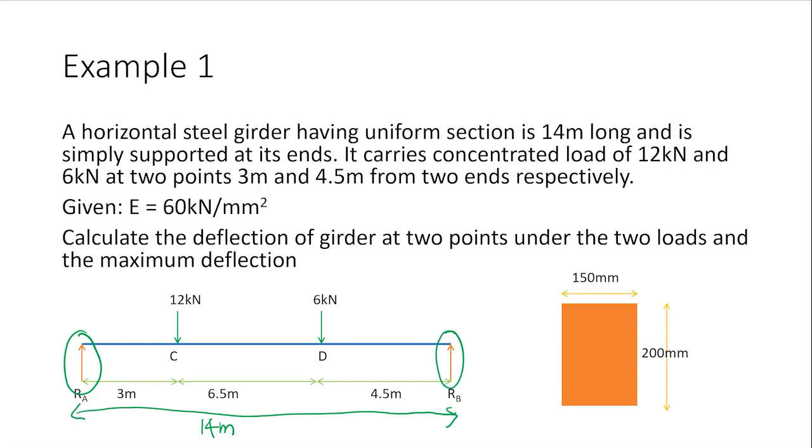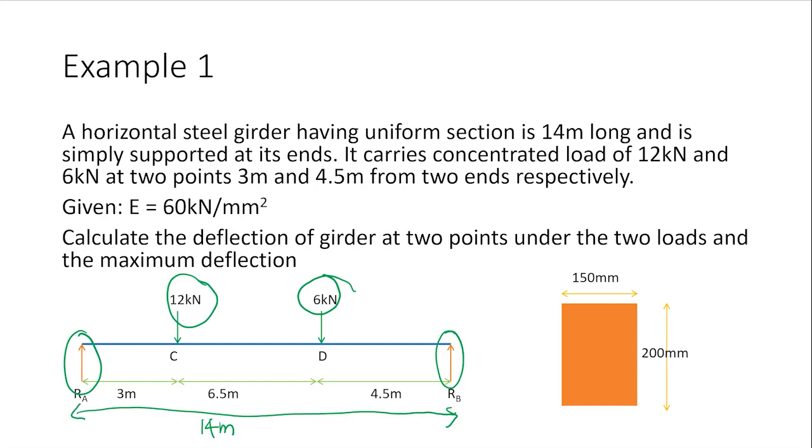It carries concentrated load of 12 kN and 6 kN at 2 points. 3 meter, one is 3 meter daripada 1 point, and 4.5 meter yang D ni pula 6 kN daripada 4.5 meter daripada 2 ends respectively.